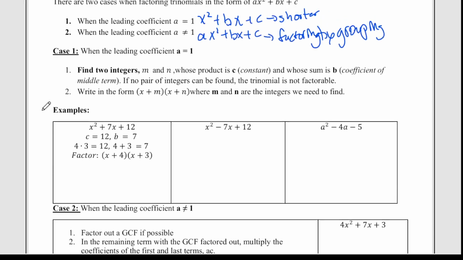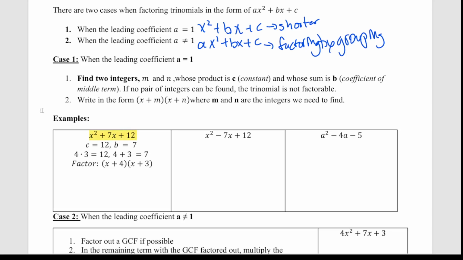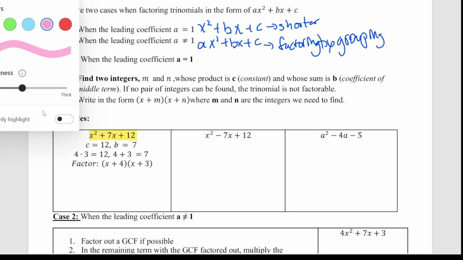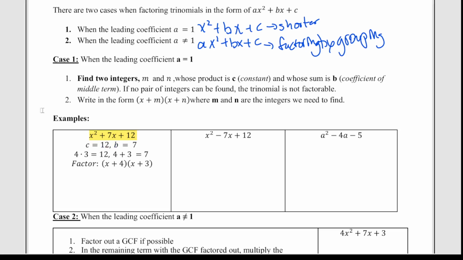But let's go ahead and go over that first case where that leading coefficient is 1. So your goal, when the leading coefficient is 1, let's say you're dealing with something like x squared plus 7x plus 12, is to find 2 numbers such that they multiply to c, which in this case is 12, and they add to b, which in this case is 7.